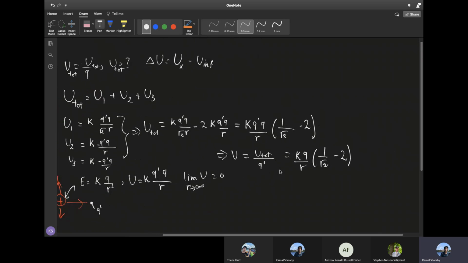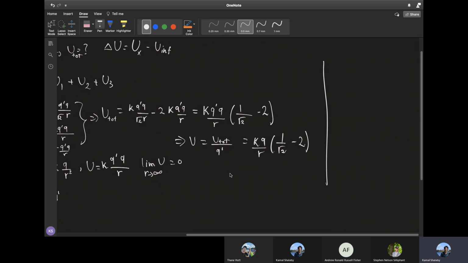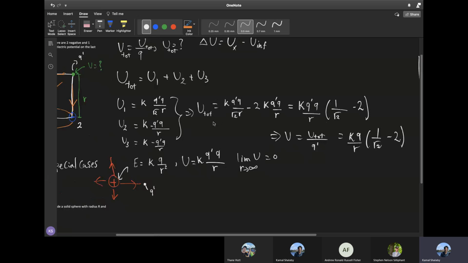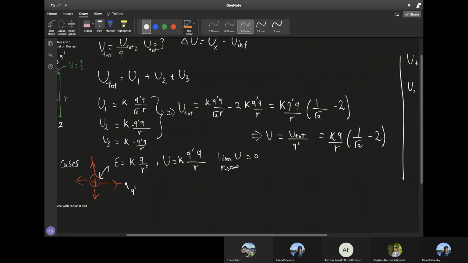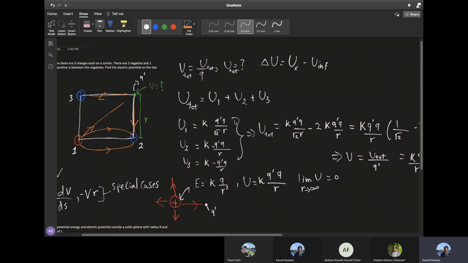Another way, which you could have done from the beginning, is that V total is going to equal V1 plus V2 plus V3, where V1 is just the same thing as U1 except for the Q prime. That's why in the question I didn't give you any charge in here, because this Q prime is going to get canceled anyway.